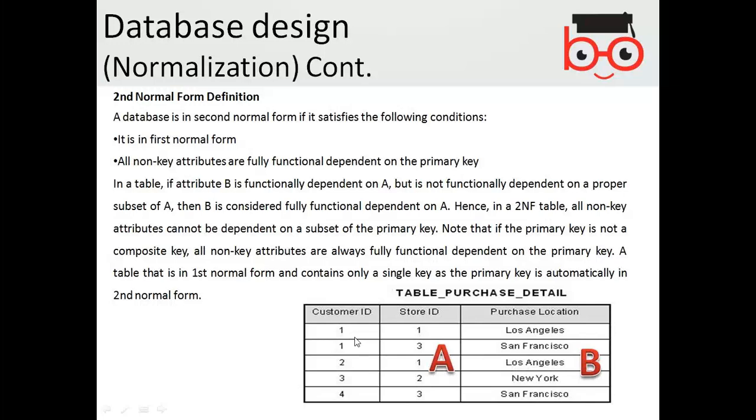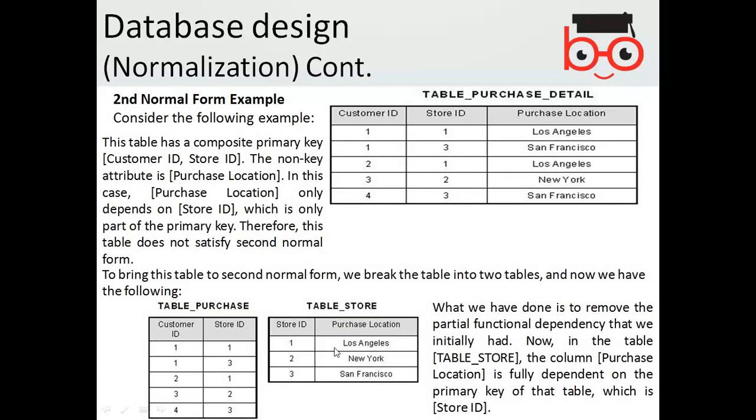Now look at the next slide, you will understand further how the dependency is removed. Los Angeles is dependent on the store ID and the store ID is again dependent on the customer ID. This shouldn't be the case. Now look at this. When you write the customer ID 1 and the store ID, then it is fine, and the store IDs are explained separately.